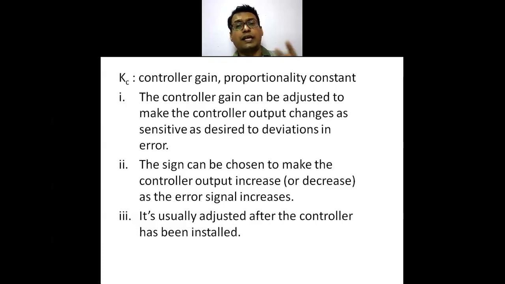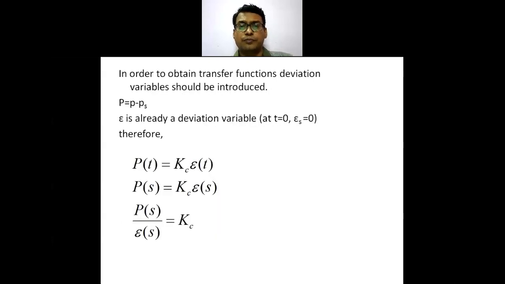So when you are in the industry, you are going to play with this value of the Kc depending on your equipment. The signs can be chosen to make the controller output increase or decrease as the error signal increases or decreases. So it is usually adjusted after the controller has been installed.